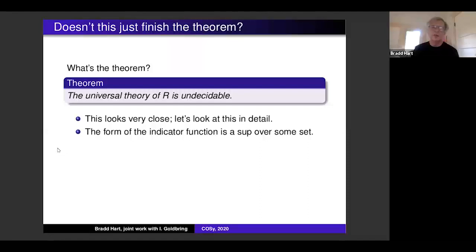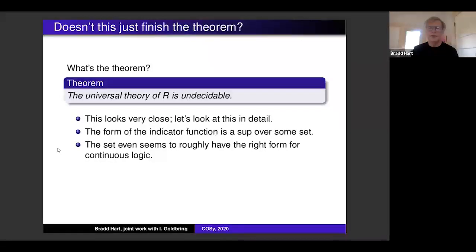You're taking the supremum over some set. That set doesn't look exactly like the kinds of things I was talking about initially when I talked about continuous logic, but it is going to be the range of something that we can define. It'll turn out.